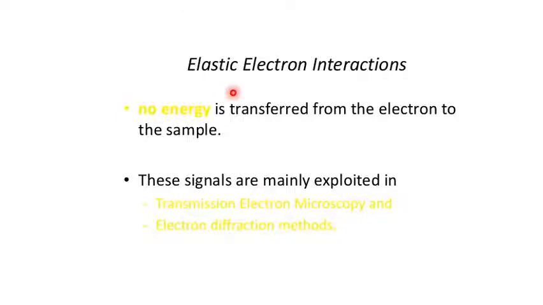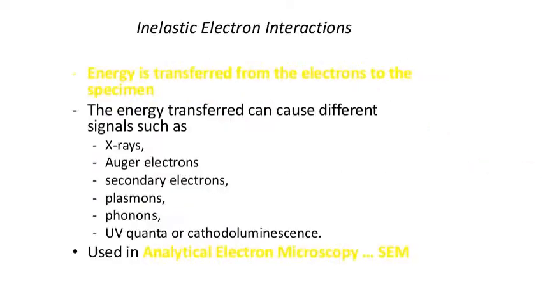Signals due to elastic electron interaction are exploited in transmission electron microscopy and electron diffraction methods. Transmission electron microscopy is a type of electron microscopy, and it works on the principle of elastic electron interaction, and the electron diffraction method also works on elastic electron interaction.